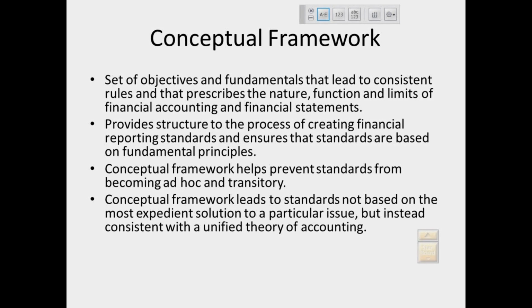The FASB tries to spin it as a positive, but it also could be perceived as a negative. One of the things that the conceptual framework requires is a lot of thought, analysis, and discussion of potentially new rules. And so they're slow. So the accounting standards come out way after the fact, and people sometimes criticize the accountants for being so slow.